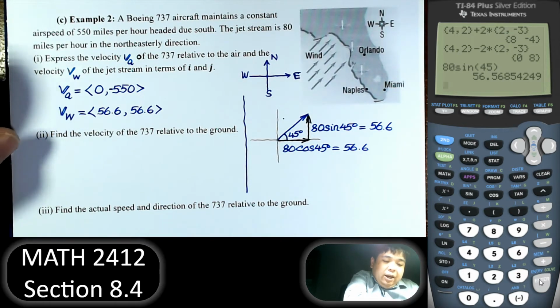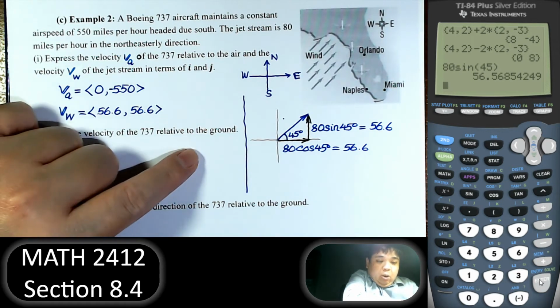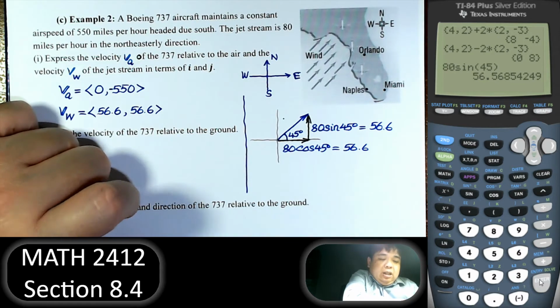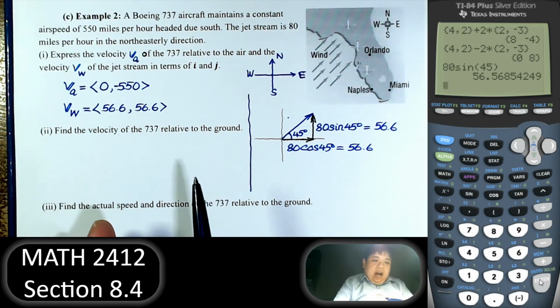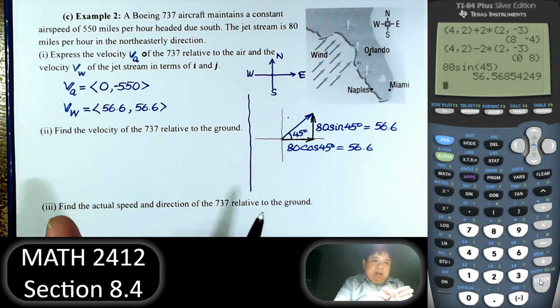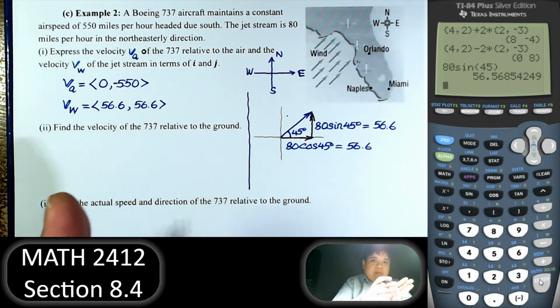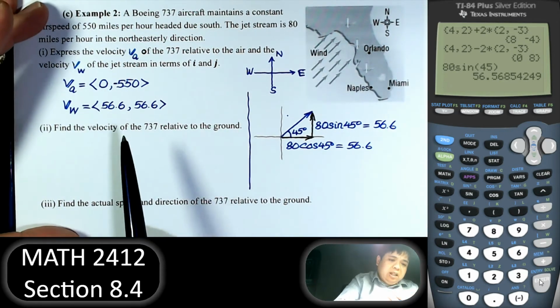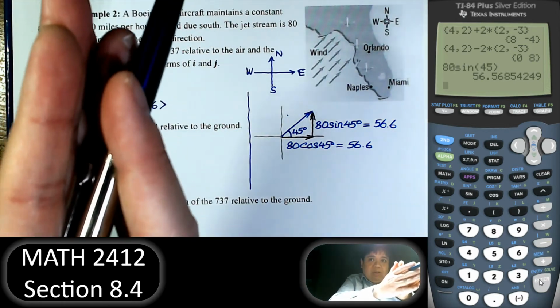Right. Now, I'll find the velocity of the airplane with respect to the ground. Even though it tried to go straight, the wind will blow it away. So with respect to the air, it will just go south.